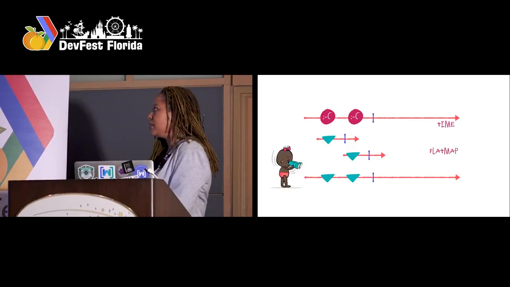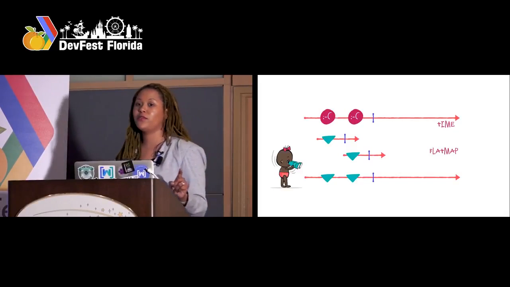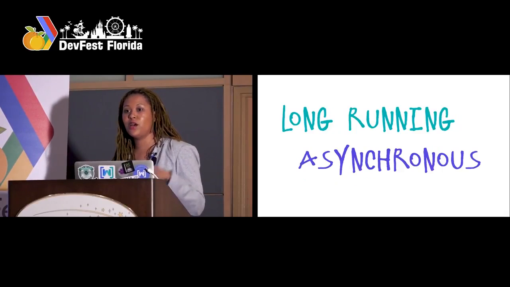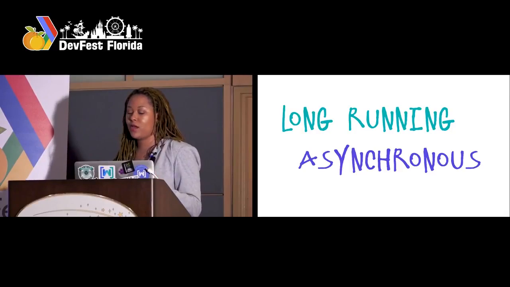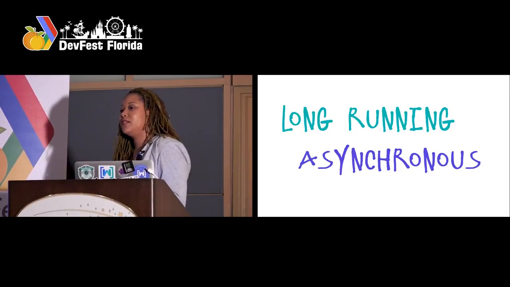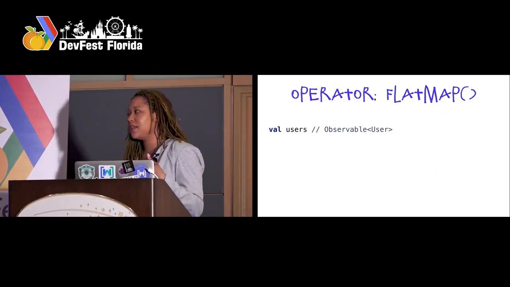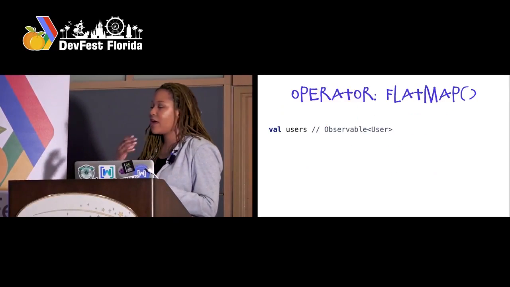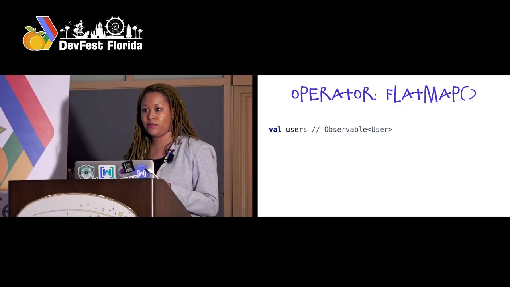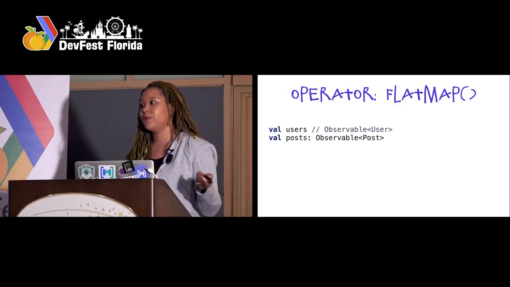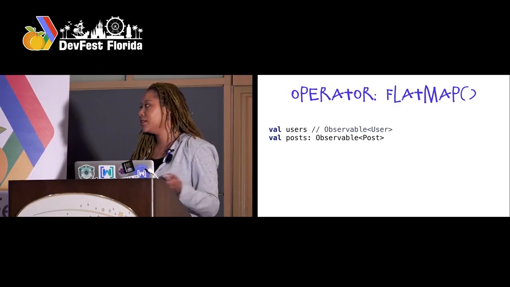Now, why would something like this be extremely powerful in programming? Well, it's because it helps us to do long-running asynchronous operations without necessarily having to block the main thread. So let's take an example. Let's say you have an observable of users. But what you really want is an observable of all of the blog posts that these users have ever written.